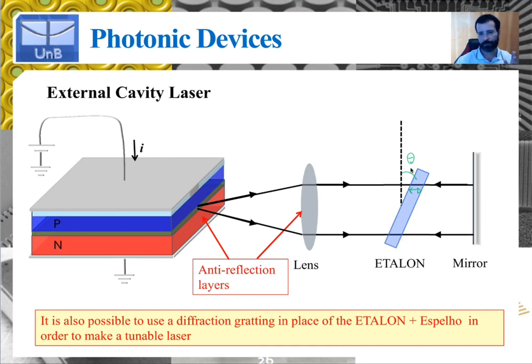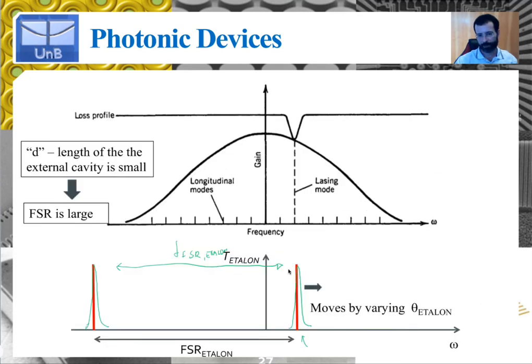But if the angle is greater, then the length of the cavity increases. So in this way you can control the length of the cavity, and this is going to make it so that the resonant frequencies can be varied. The position of the resonant frequencies can be varied by controlling the angle of the etalon, as illustrated here.